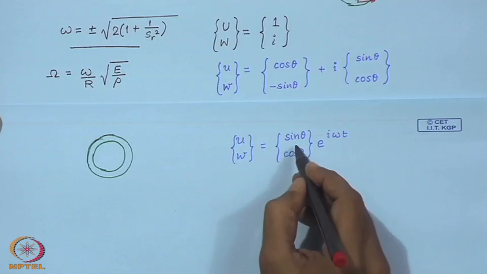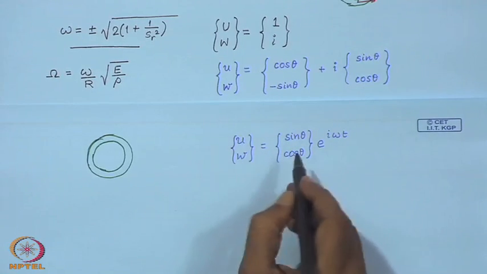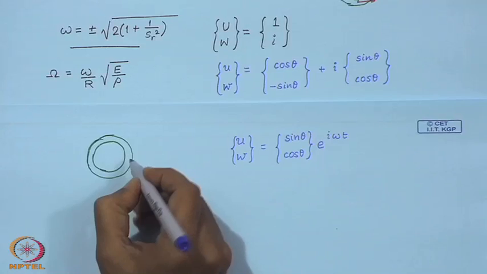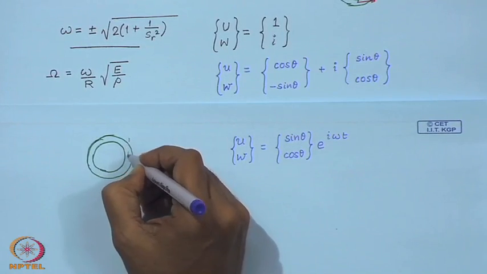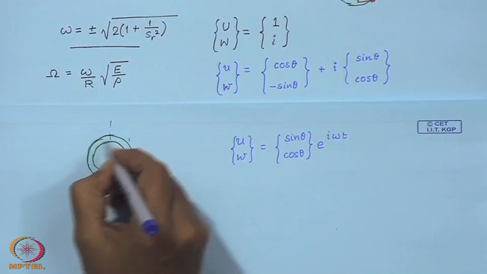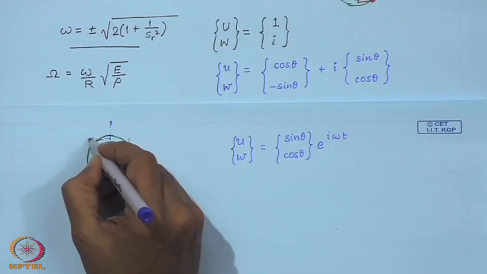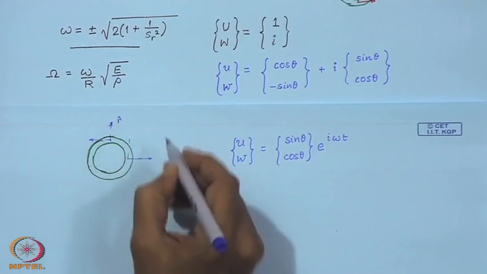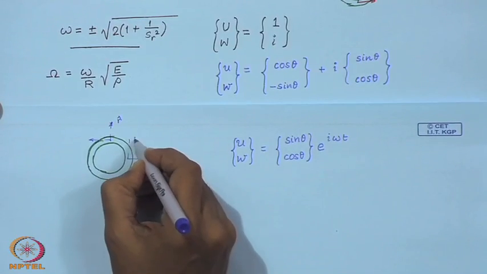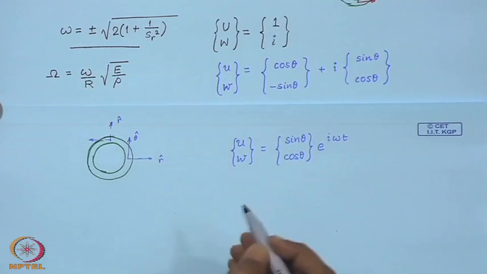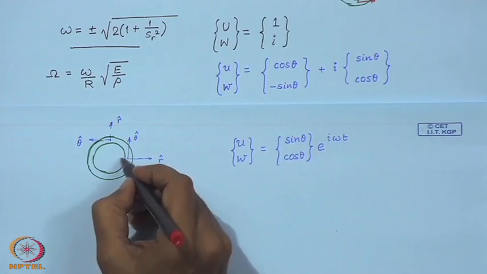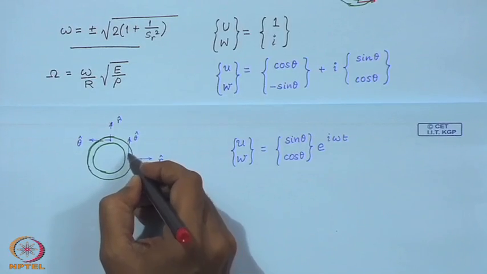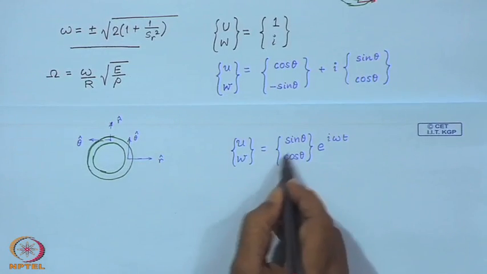Now, in the circumferential direction you have this as sin theta, which means here there is no circumferential motion, but there is this radial motion.